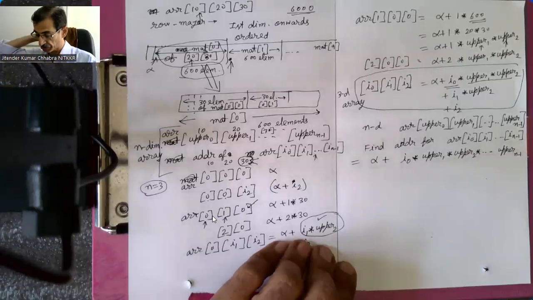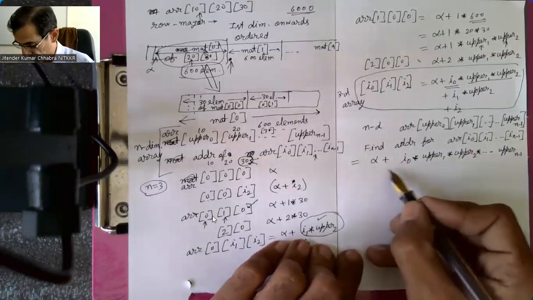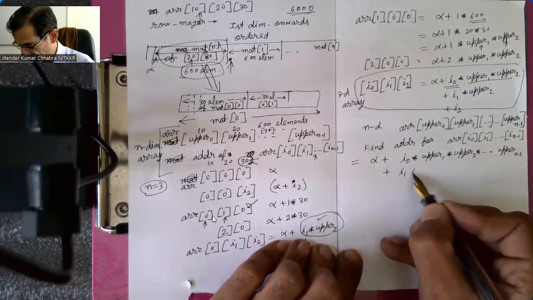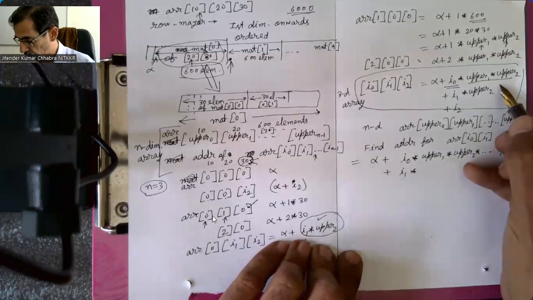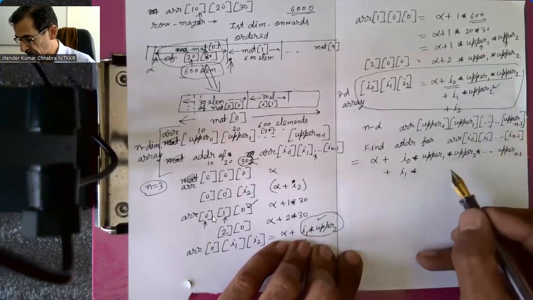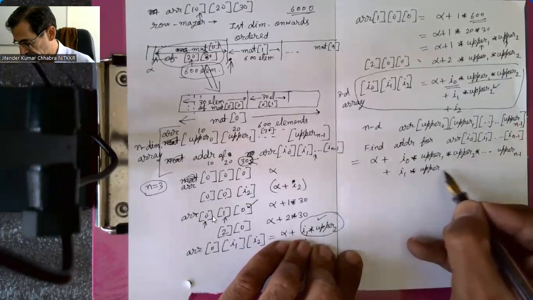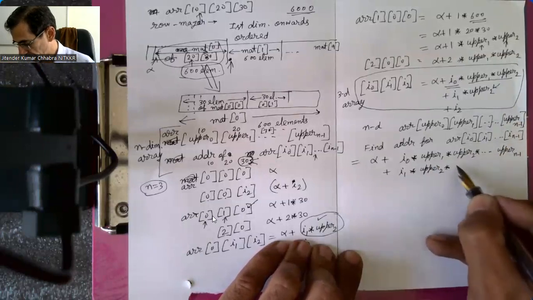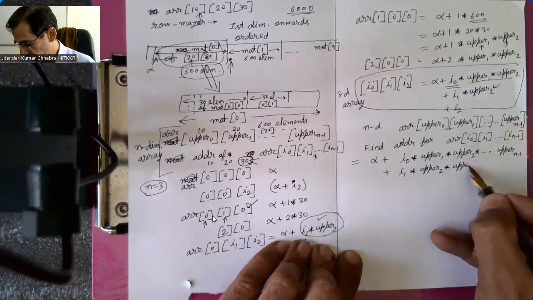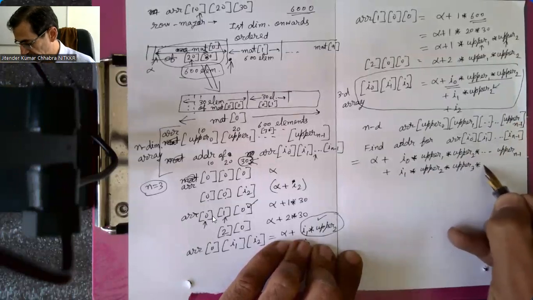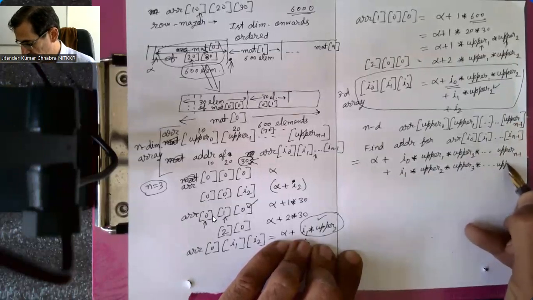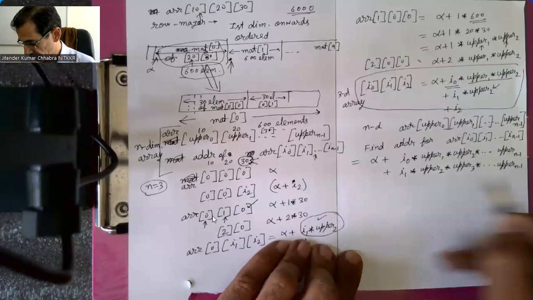Earlier there were 3, so we stopped here. Plus I1 into all dimensions from 2 onwards, because all those elements are a part of that group: upper 2 into upper 3 and so up to upper n minus 1.